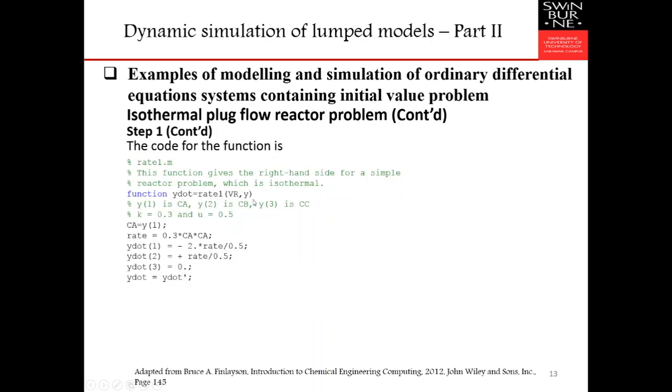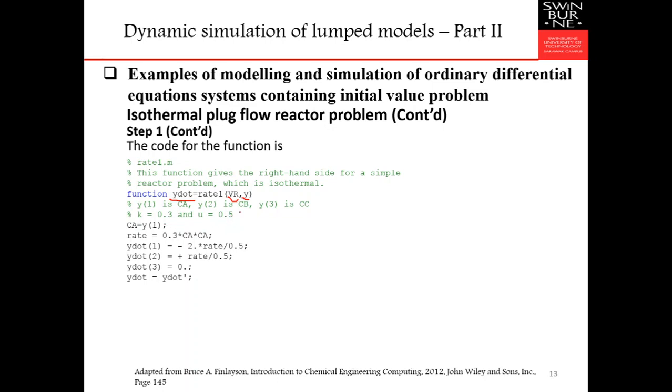The code for this function is this, where you have ydot = rate1(VR, y). Essentially, this has two inputs, VR and y. VR here is not used, so it's considered a dummy input only. And then you have the one output, ydot.